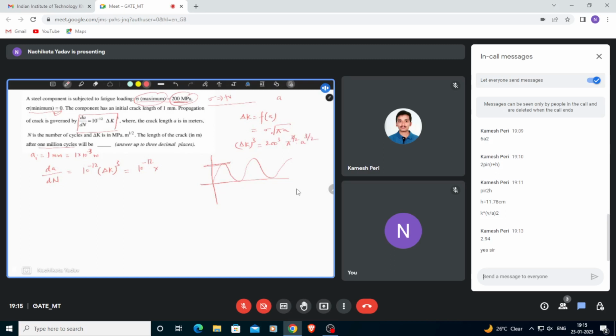So can you put all the values and calculate? You just integrate the n value from 0 to 10 to the power 6, and the a value, we know the ai value, meaning initial crack length, is given as 1 into 10 to the power minus 3, and we have to calculate the final one, the af value.